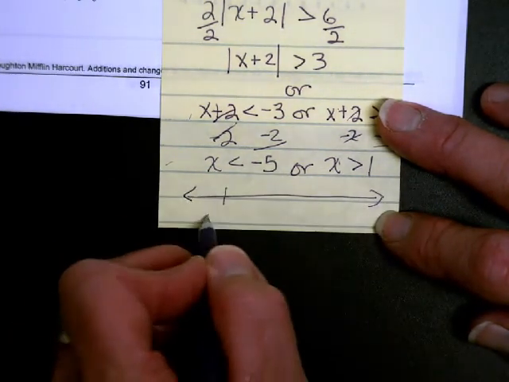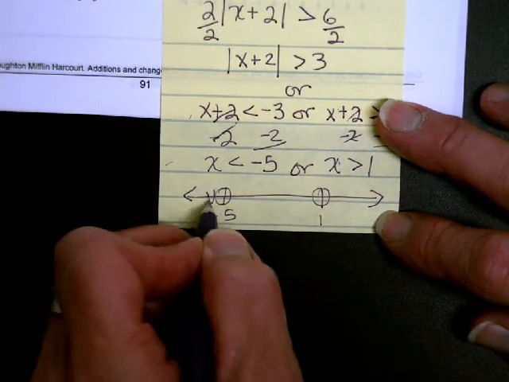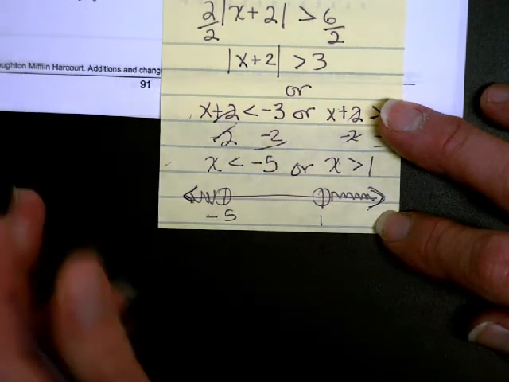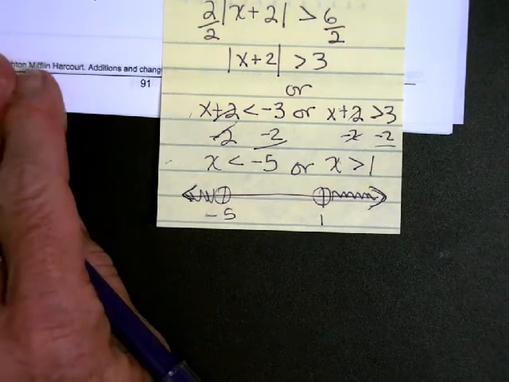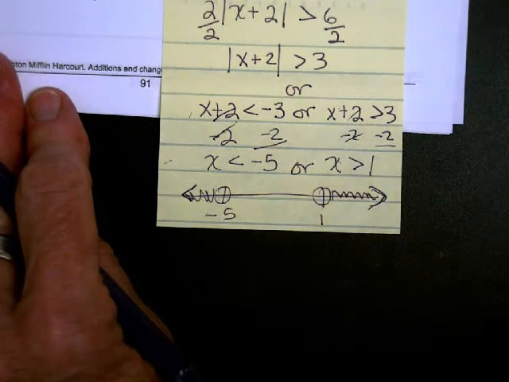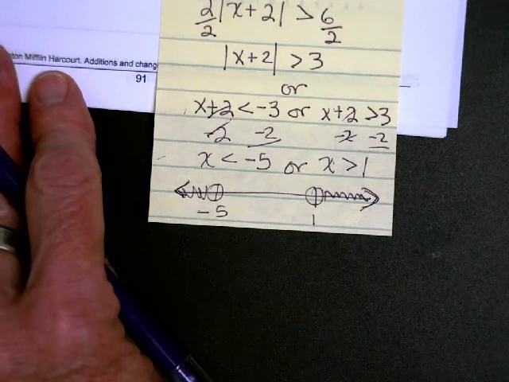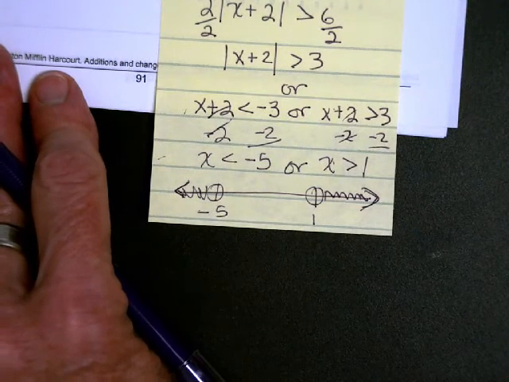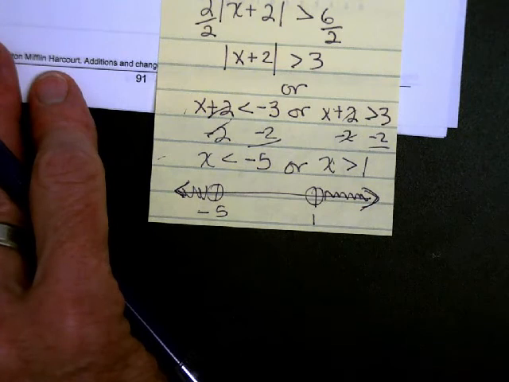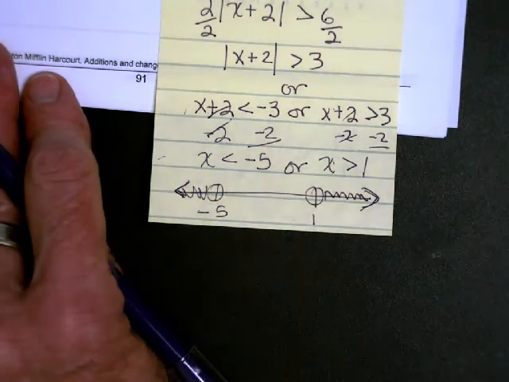Once you judge an OR, it stays an OR, and that means I have open dots on -5 and on 1, and it goes out like an airplane wing. That is number 4. And you see the puzzle? Just like a little puzzle, like a little recipe. We just cooked ourselves a compound inequality. How does it taste, right?